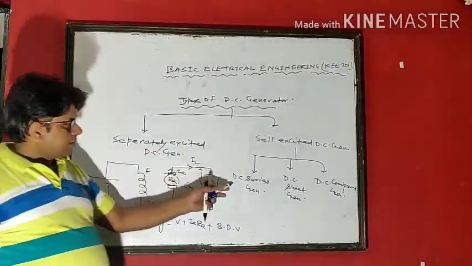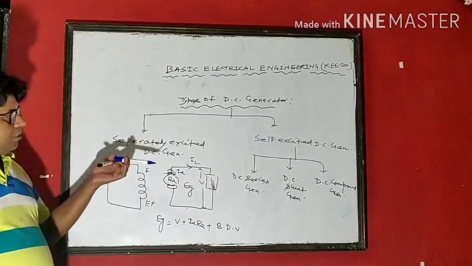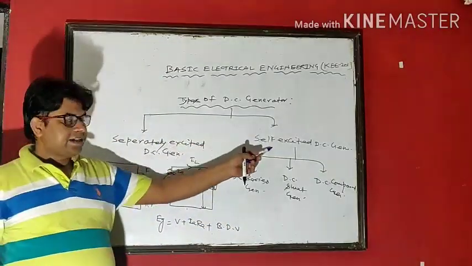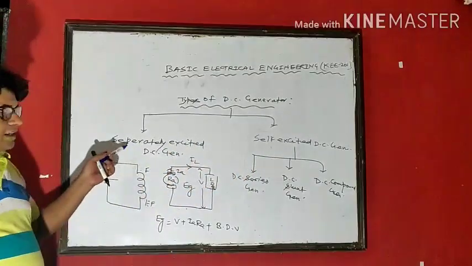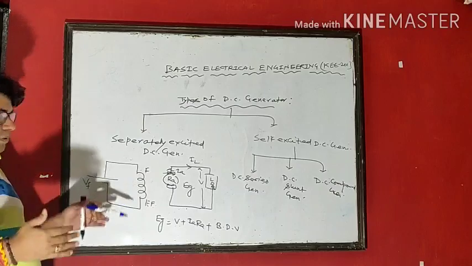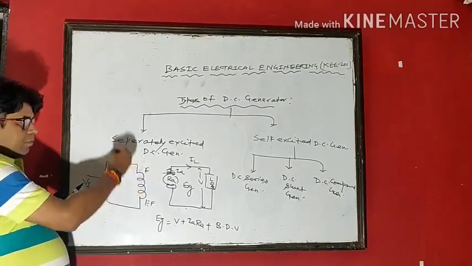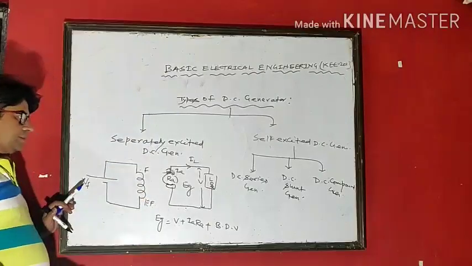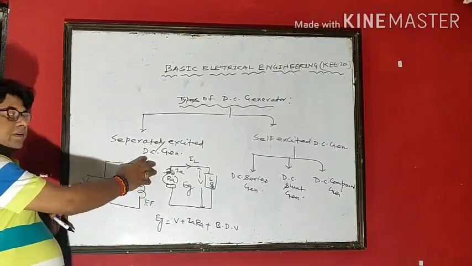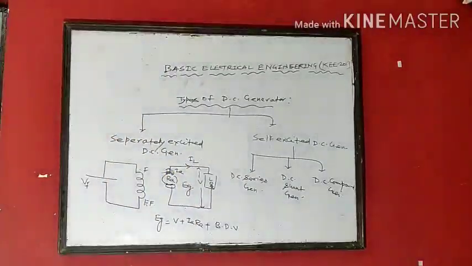So now first discuss the DC series generator. Why do we not use the separately excited? Because of the transportation problem from one place to another, it is very difficult to place, so this cannot be used probably. This is most rarely used. That is self-excited DC generator.